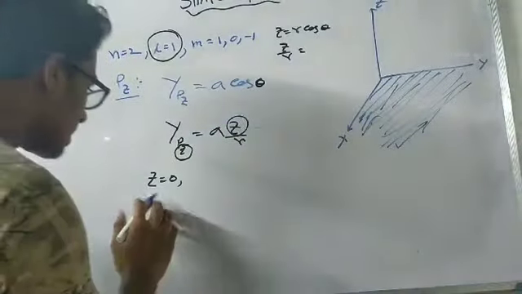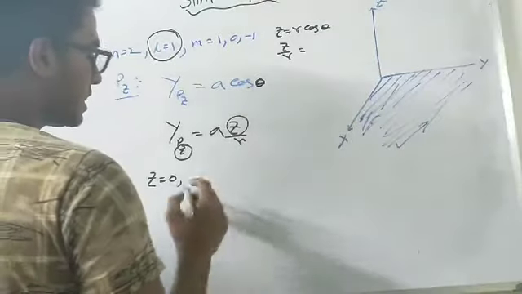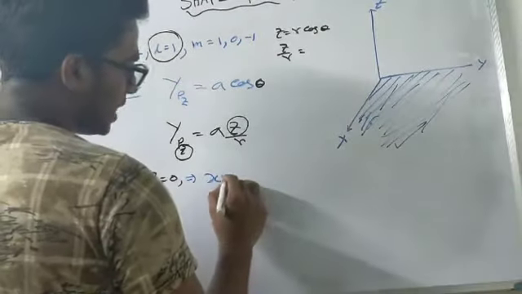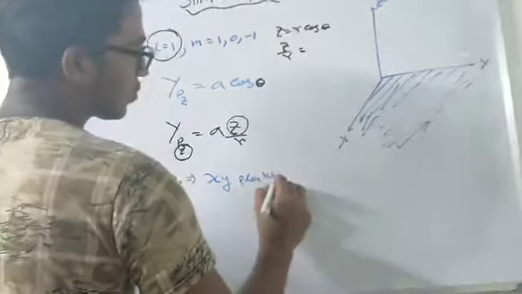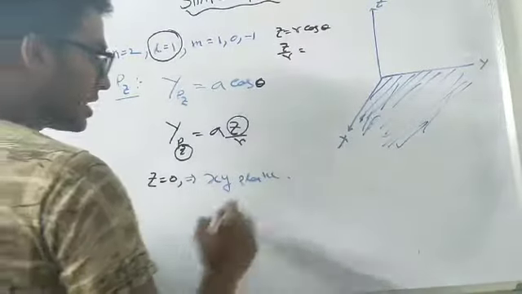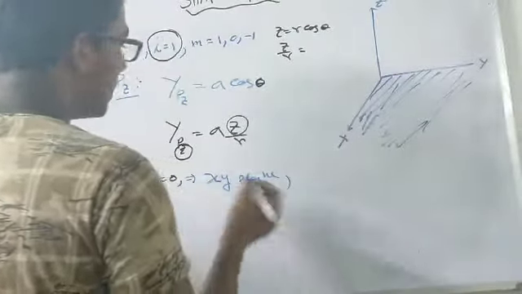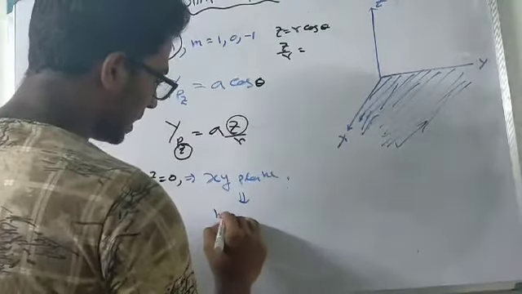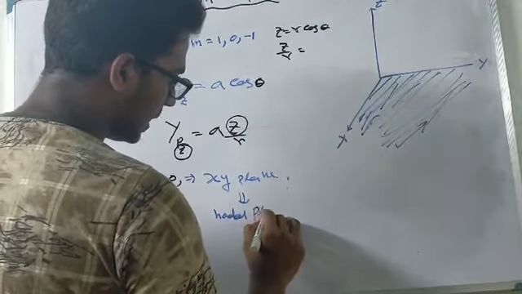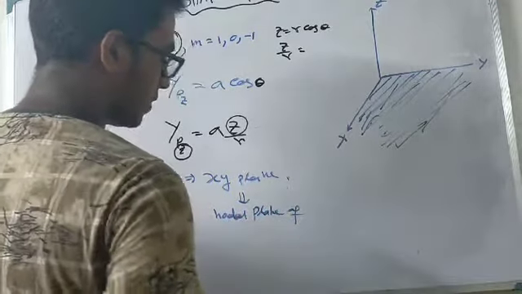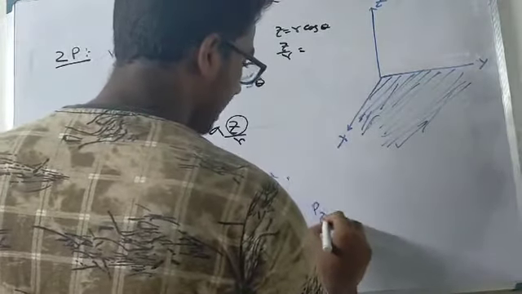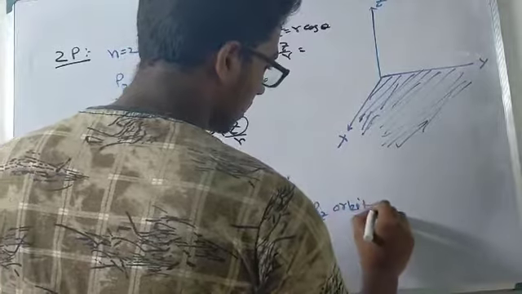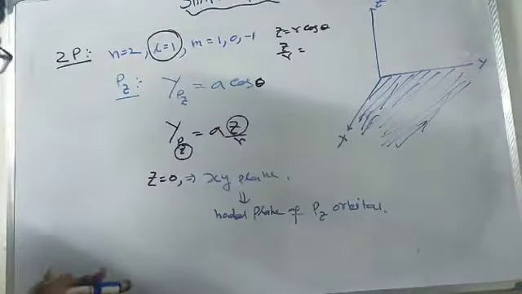So if I put z equals 0, that represents the xy plane. So that's why the xy plane is the nodal plane of the pz orbital.